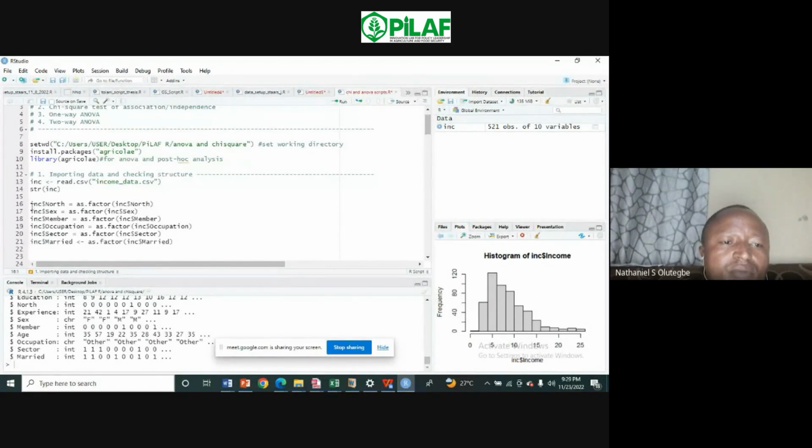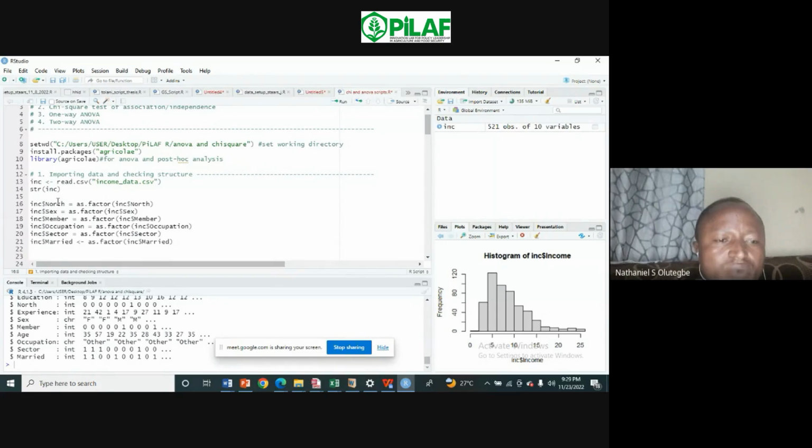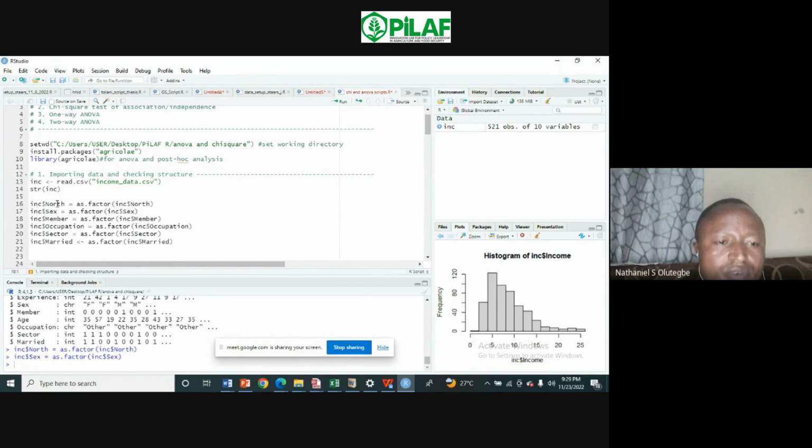So this is the command. The same thing for sex, the same for member, occupation, sector, and married. If you look at married, it is in integer form, 1 1 0 1 0 0 1 0 1, so it's supposed to be converted to factor, and that's exactly what we have done.